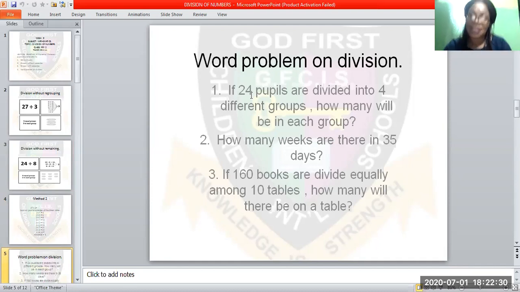Okay. If 24 pupils are divided into 4 different groups, how many will be in each group? That is to say, what times 4 will give us 24?